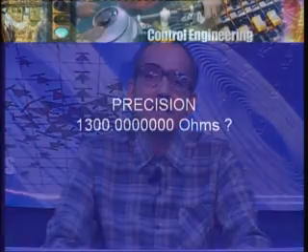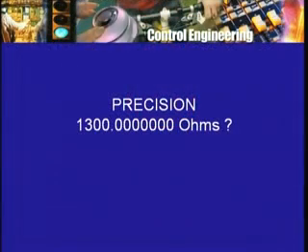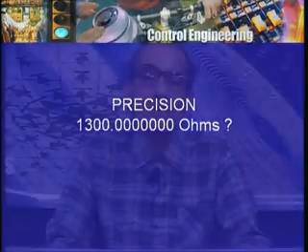No matter how good a quality a resistor one may buy, and this is associated with what is called the precision, this value 1.3 into 10 raised to 3, by the very nature of it, cannot be 100% precise.